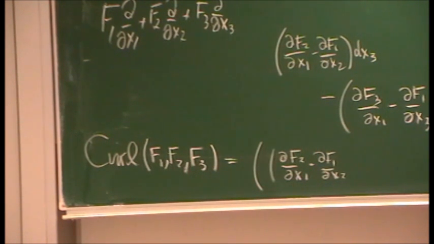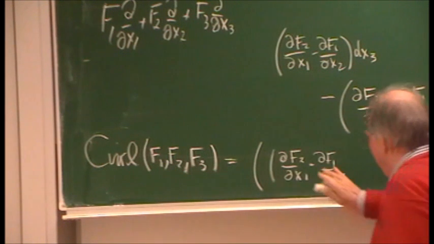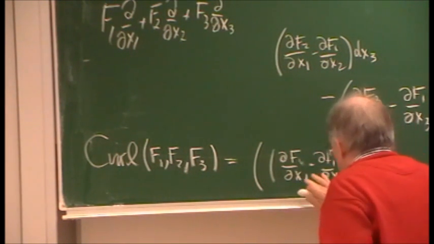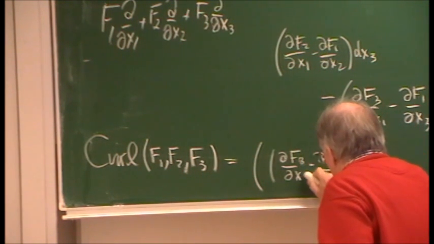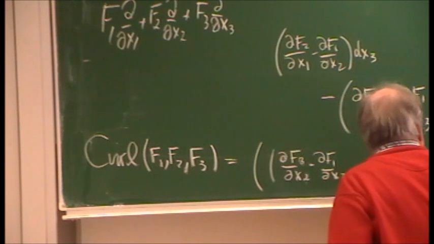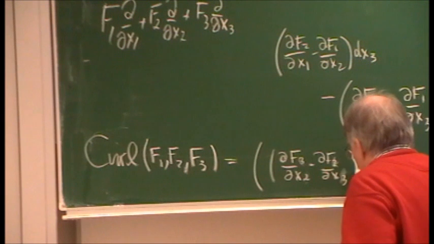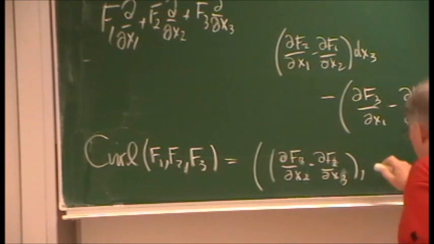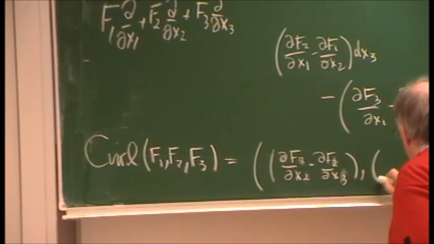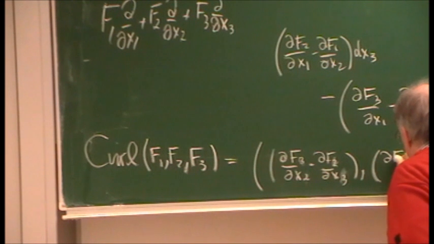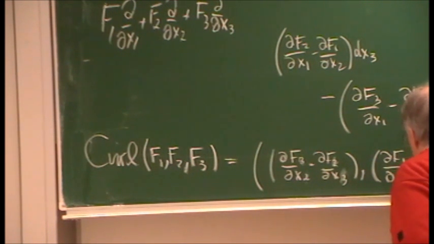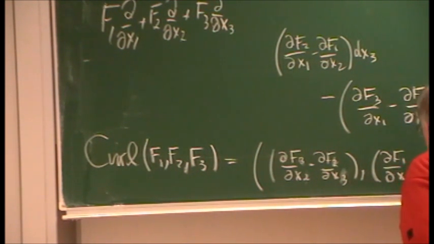Because this is dx1, and that was great didactics to make that mistake. So f2x3, and now x2 gets hit with a minus sign, so I'll turn it around. df1 dx3 minus df3 dx1. And then x3 is the same.